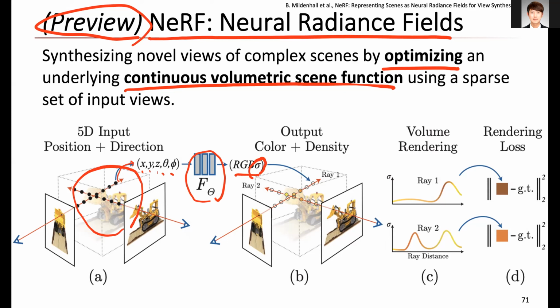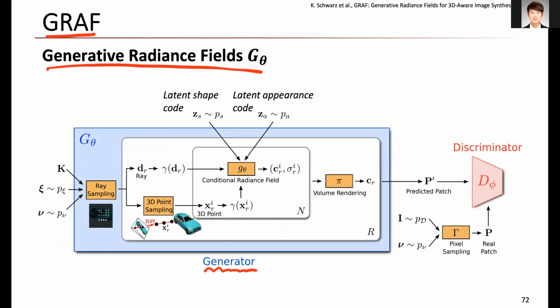The first paper was GRAF, generative radiance field. They designed the generator like this. First of all, similar to the previous unconditional image generators, they consider latent vectors, but they consider two kinds of latent vectors: a latent shape code, called z_s, and a latent appearance code, z_a.